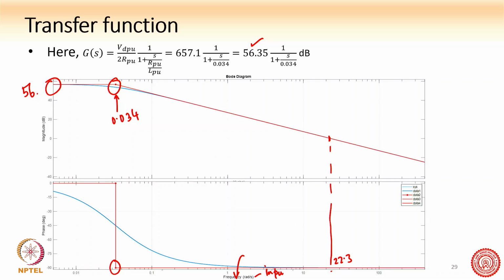Fine. So you can see here I have drawn the asymptotic Bode plot. The asymptotic phase plot, and the red one is the asymptotic gain plot, right? The actual plot is the blue one. The asymptotic plot in many cases is very useful as a designer.